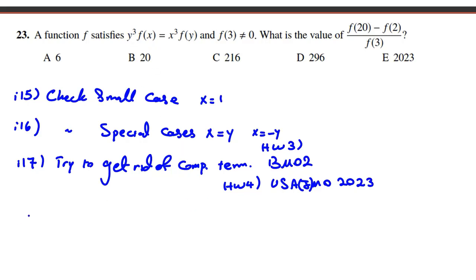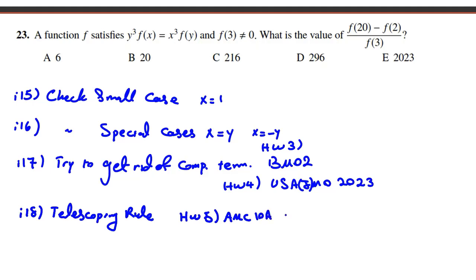So here, another idea we have is the telescoping rule. Again, one problem of homework 5, one problem of AMC 10A 2022 could be solved with this one. Homework 6, a problem of BMO 1, I know that you can solve.